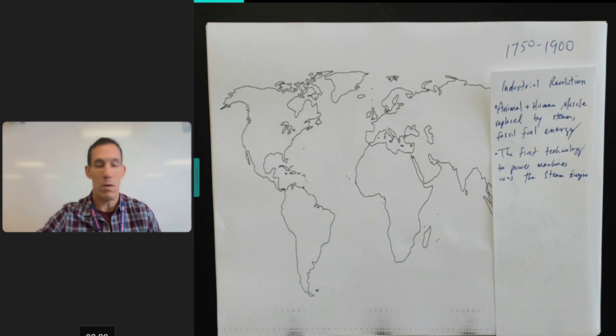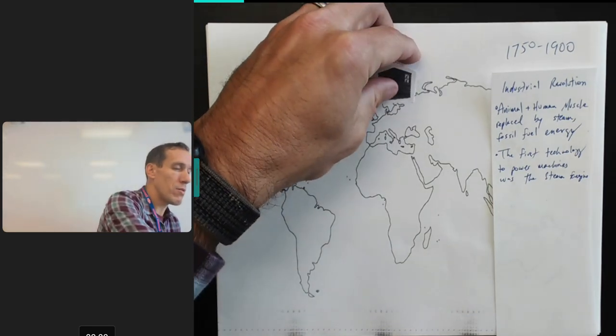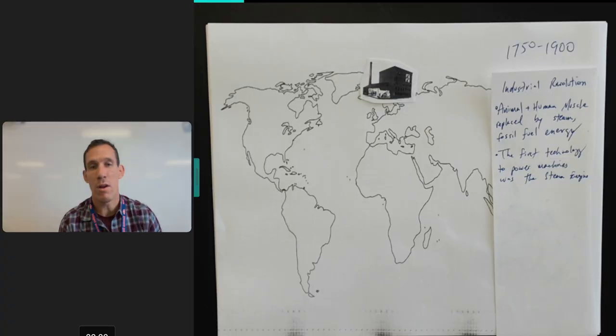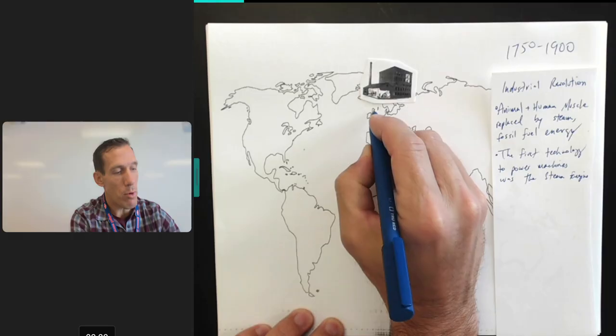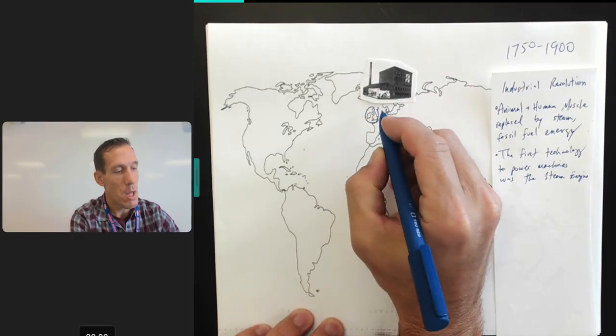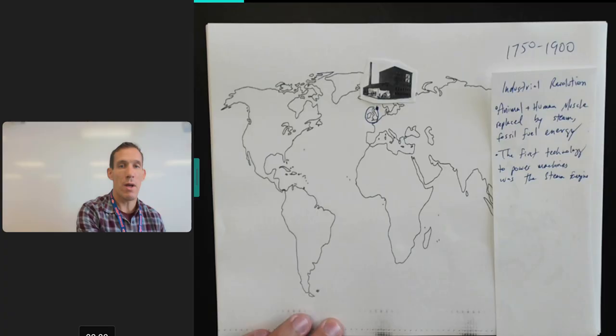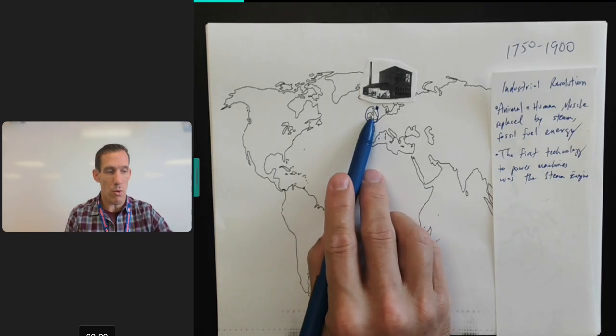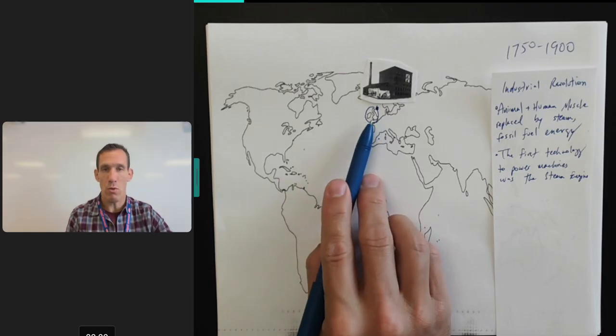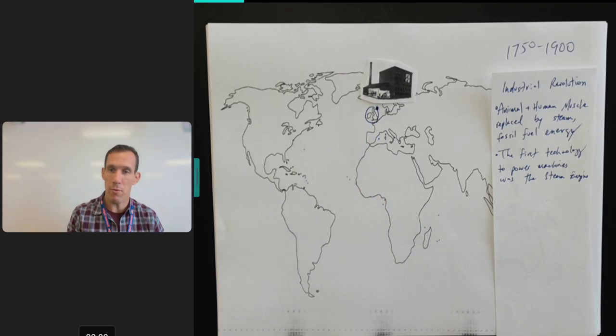We have a little steam engine powered factory there, and I put that right next to Great Britain. This is the craziest thing, and that's why I use the world map here: the Industrial Revolution is going to change the world, but it really starts in England and Great Britain, in this little part of the whole world. It's going to spread from there.